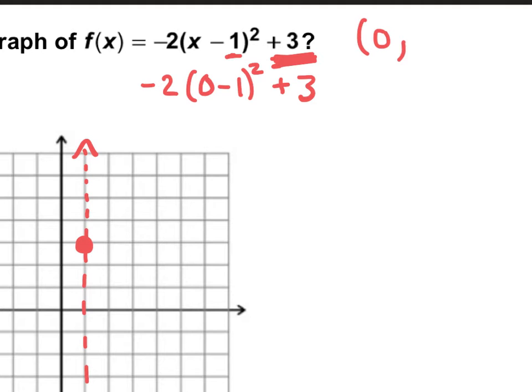Parentheses. So we want to do the inside of the parentheses first. So we have -2. What's 0 minus 1? -1 squared plus 3. What comes next in PEMDAS? Exponents. So what is -1 squared?